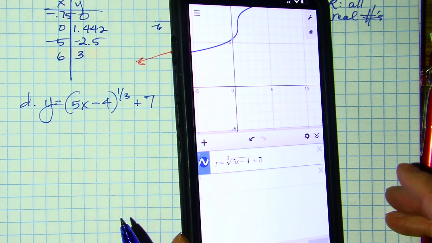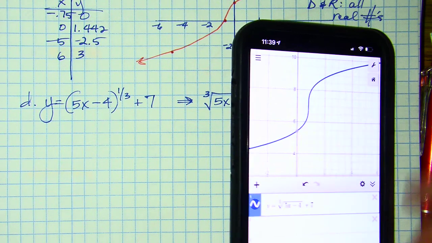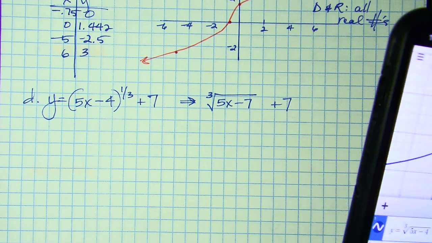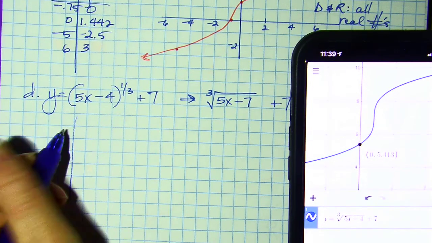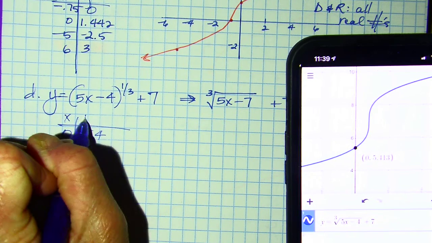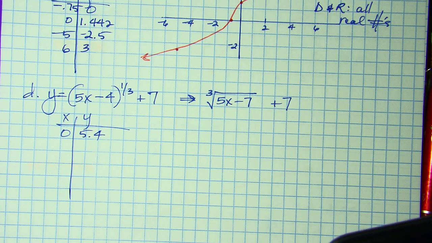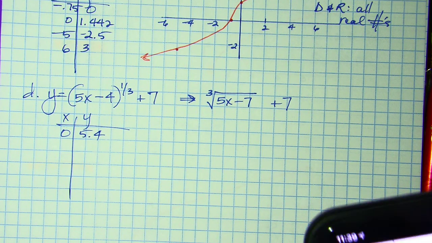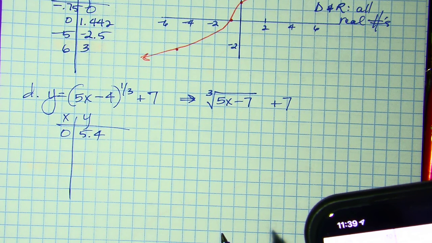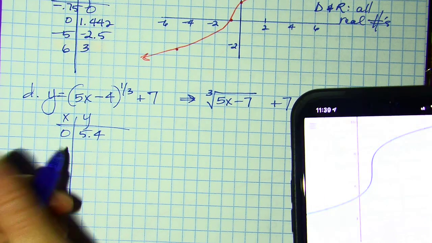And so here is my graph up above, and I'm just going to find some real points. So it looks like 0 and 5.4 is one of them. And then I'm going to put 0.8 and 7.4.